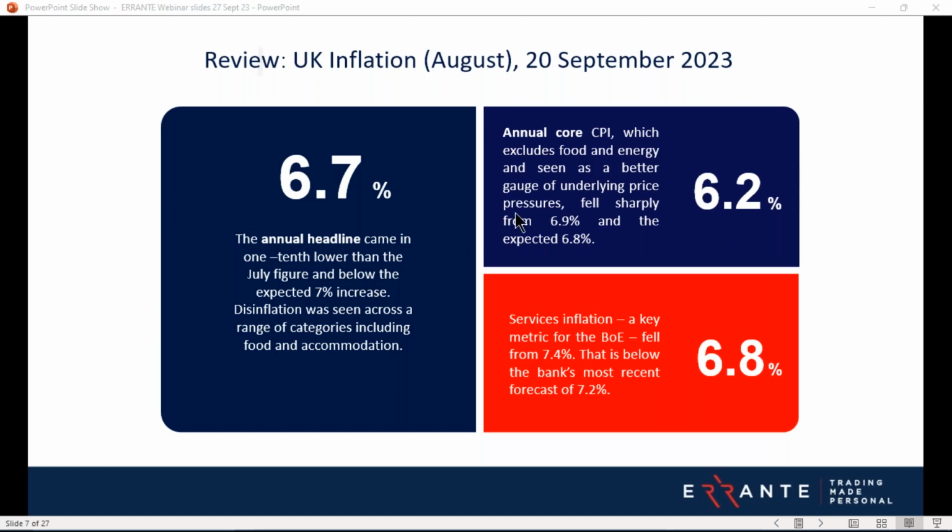So really interesting, a surprise downside miss in UK CPI, and especially in the core. That is, as we say here, it excludes more volatile food and energy costs, really seen as a better gauge, a better measure for underlying price pressures, and that fell sharply to 6.2%, below the expected 6.8 and below the previous 6.9.